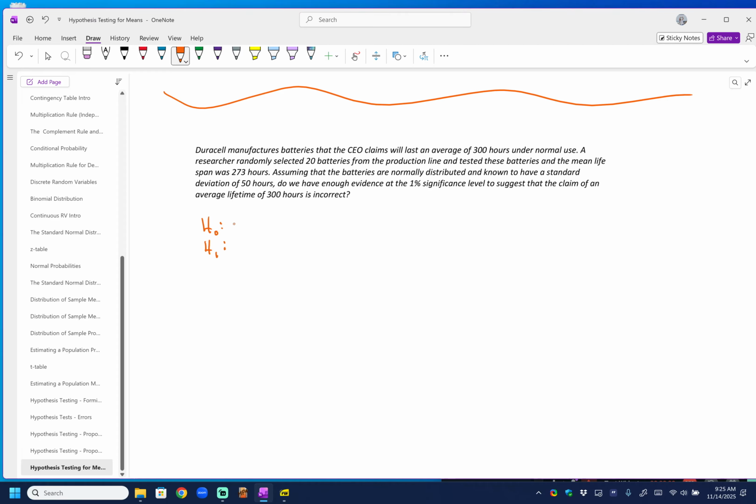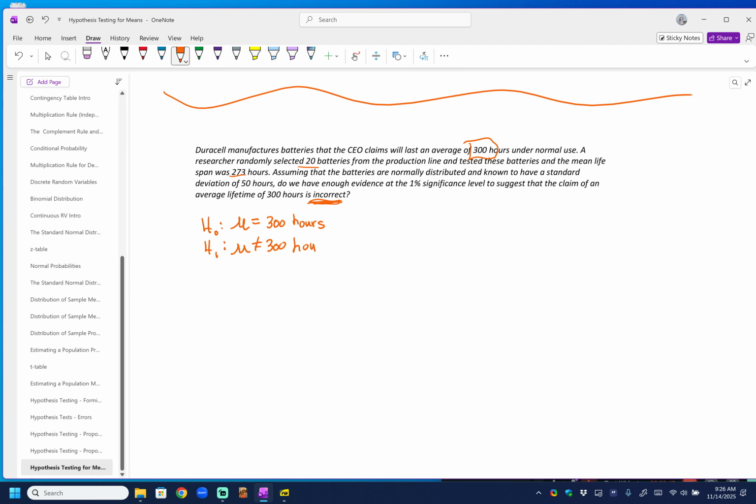You can see that we have a sample here of 20 batteries with a mean of 273. So the claim actually is 300 hours of use. And when we go to do the alternative, this word is just popping out at me here, implying that we have a two-tailed test. So not equal to.